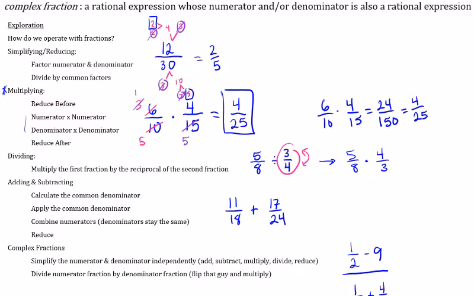So see if we can reduce 4 and 8, reduce it to 1 over 2. And then we just multiply top times top, 5 times 1 is 5, and the bottom 2 times 3 is 6. So that's our final answer. So that's how we multiply and divide.